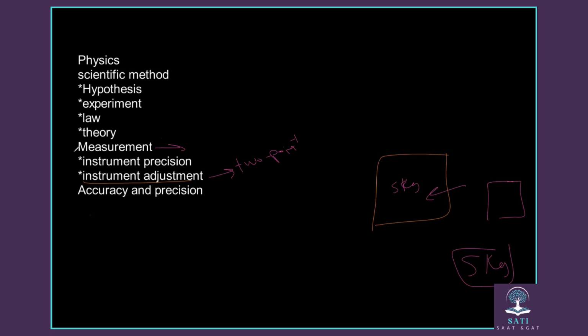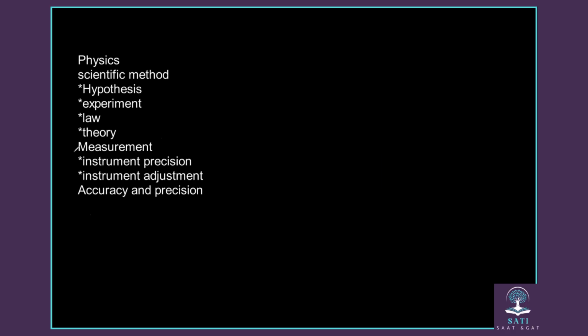Okay, last point, we're going to talk about it here. It is accuracy and precision. What is accuracy and what is precision? I'm going to explain them with an example. For example, now I have a scale, and I want to know if this scale is accurate or precise, or both of them, or none of them.